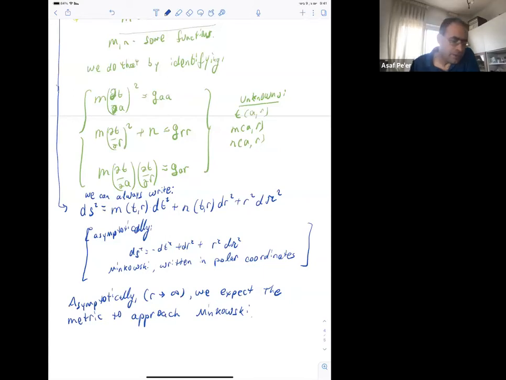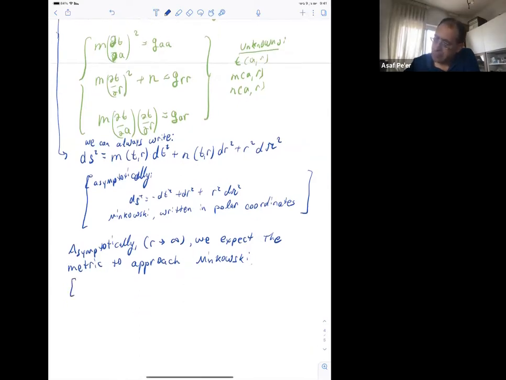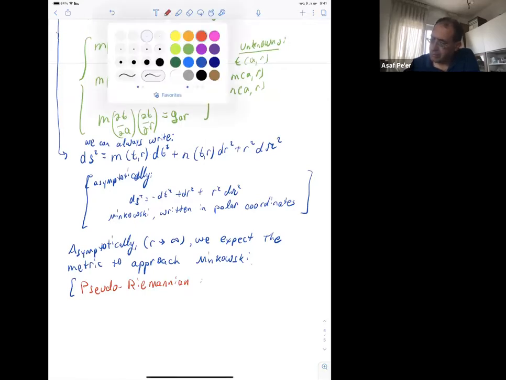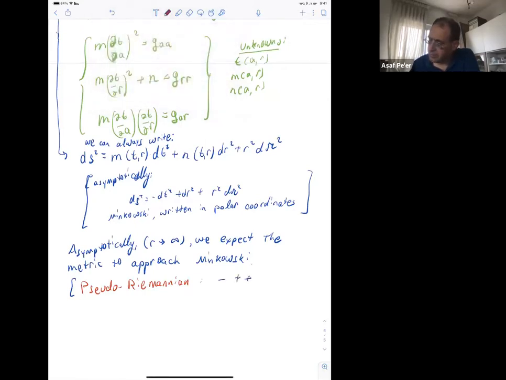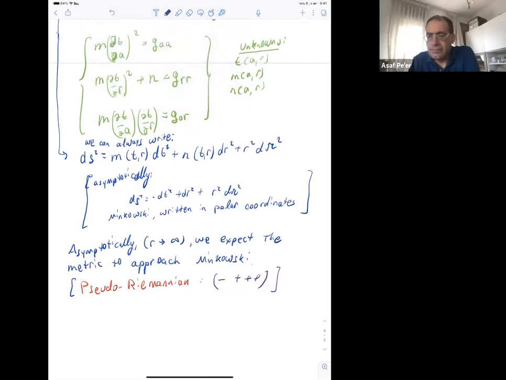That's also called pseudo-Riemannian: minus, plus, plus, plus. If it all has positives, it's called Riemannian or Euclidean.